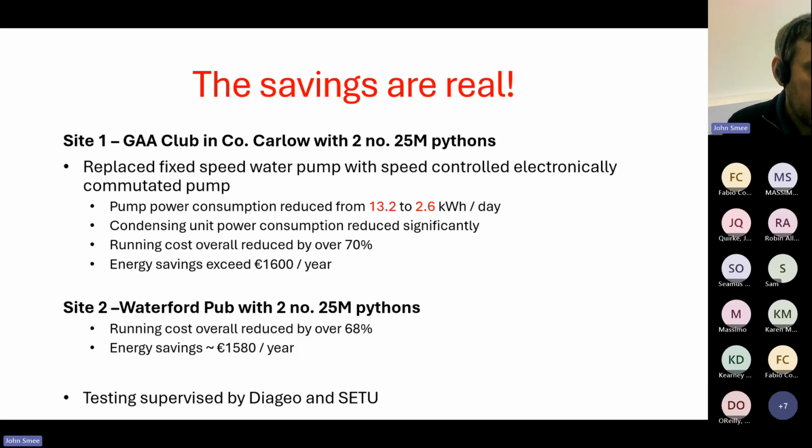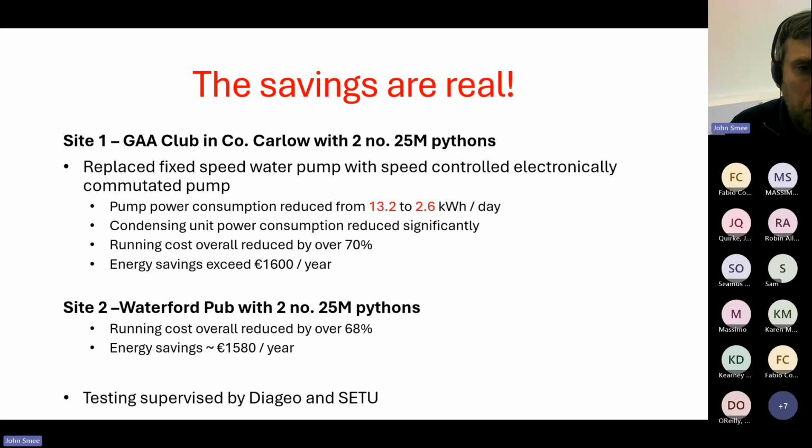Now, look, in an industry application, if you have a big, massive bakery, a big factory, they mightn't be getting too excited about 1,600 a year. But if they have multiple machines, or if, like in this example, you are putting it into a small place, and their cooler consumption is a significant proportion of their consumption for the year, then yeah, that's a significant saving for them.